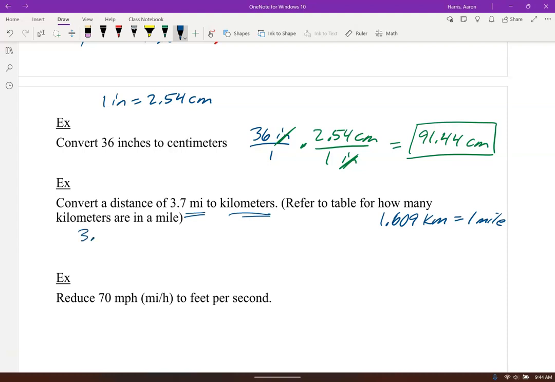So you have 3.7 miles, right, this is over 1, times, I want to get rid of miles, so there's 1.609 kilometers per 1 mile. Miles cancel. So I have 3.7 times 1.609, which is 5.9533. And we're left in kilometers all over 1.